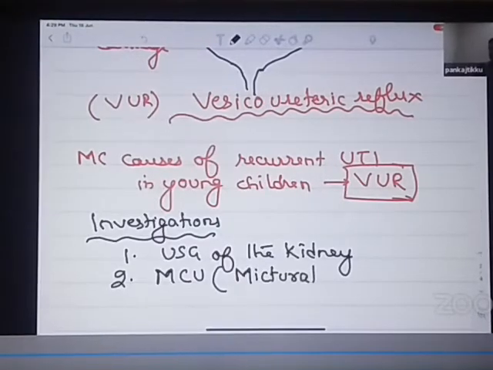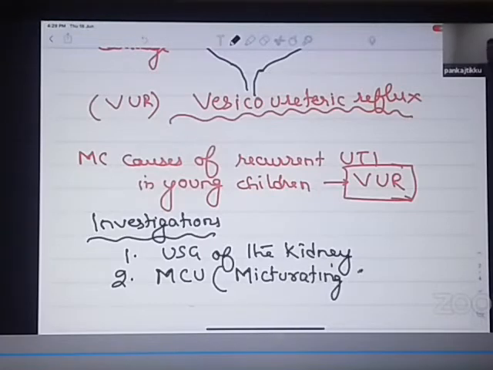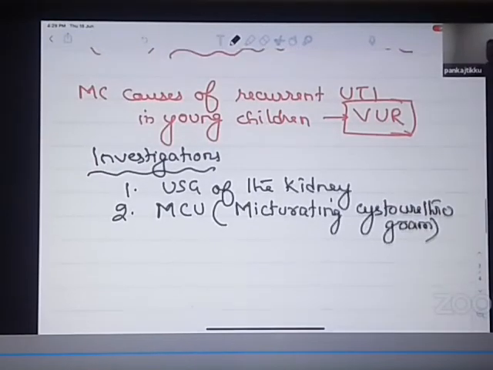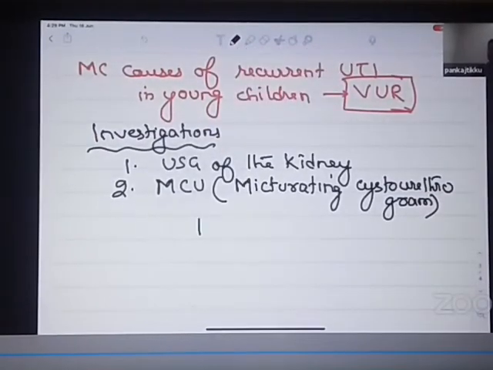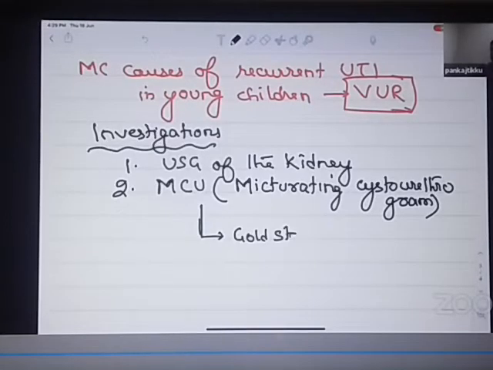Micturating Cysto-Ureterogram. Now this is the test which is a gold standard test to identify VUR. So which is the gold standard test to identify a vesicoureteric reflux?